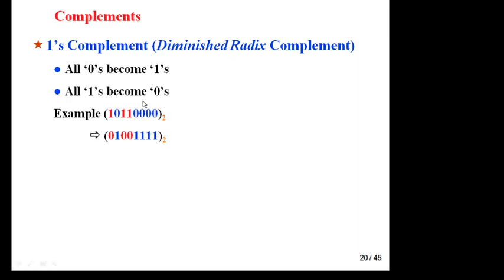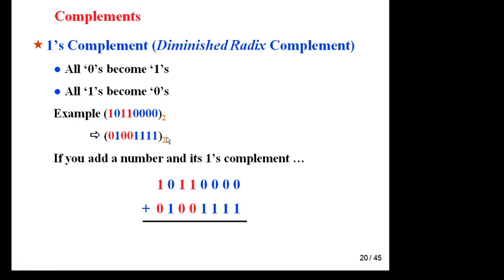So this is your example: change 1 to 0, 0 to 1. And one interesting thing: when you add a number and its 1's complement, you will get all the bits as 1. That is, n plus the 1's complement of n is all high.